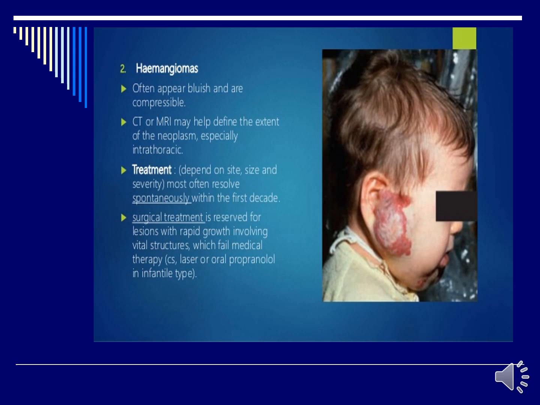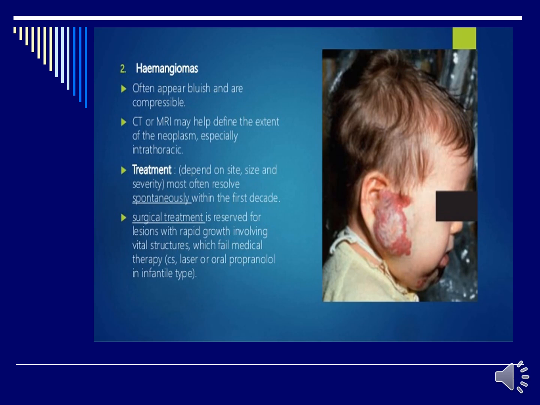But it is not a completely empty cyst filled with fluid; it is blood. CT scan and MRI may help define the extent of the tumor. Treatment depends on the size, site and severity.